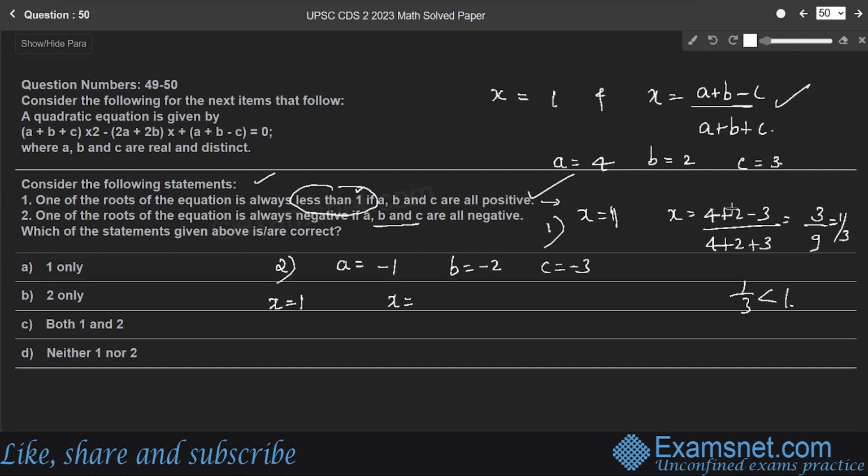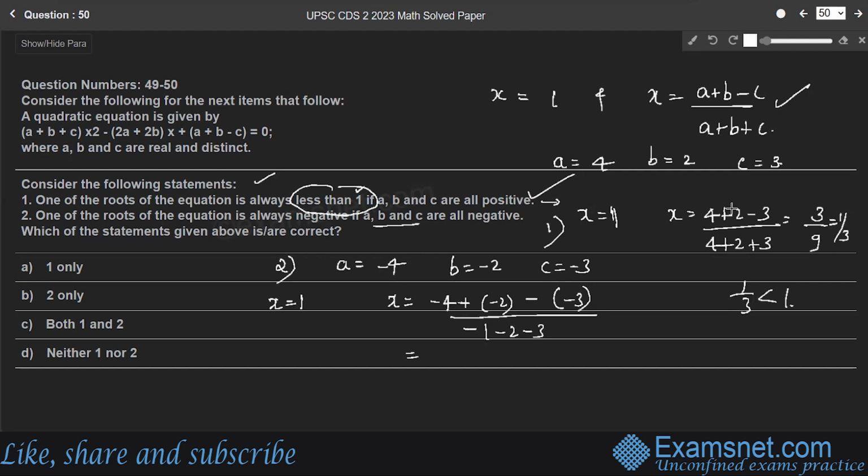We'll substitute the values: a is minus 1 plus b is minus 2 minus of minus 3, because a, b, c all are negative, by minus 1 minus 2 minus 3. Again, you can change because you will get 0 in the numerator.